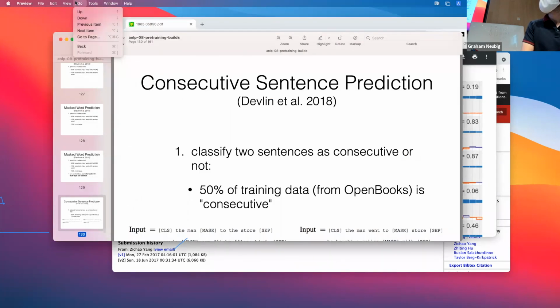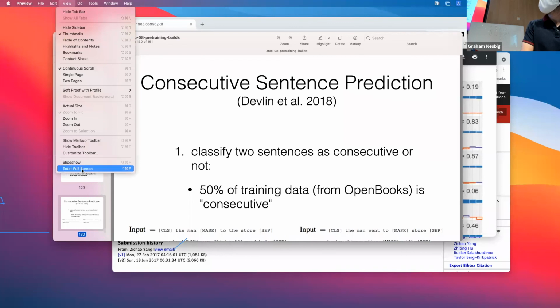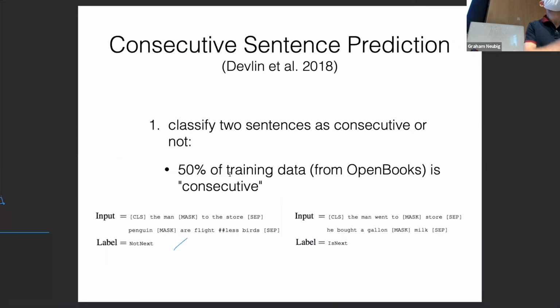Cool. So any questions about this? Yeah. How can you tell if model objectives during pre-training are interfering with each other? That's a really good question. The simple answer is if your downstream task performance that you care about goes down, then that's an issue.